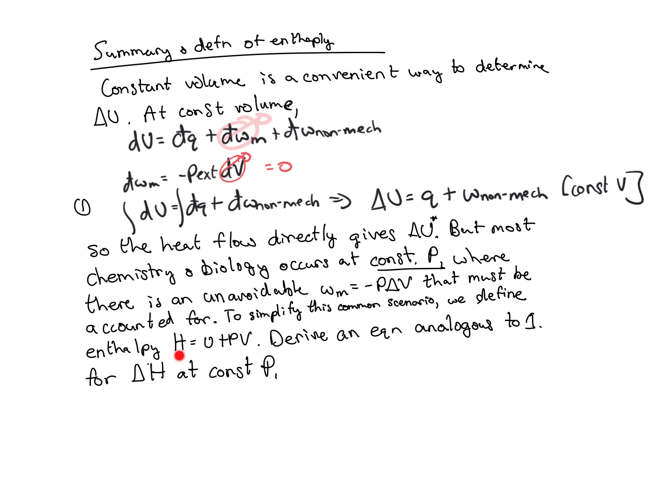So we're going to define a variable enthalpy H, which is U plus pressure times volume. The idea is to use the differential form of the first law to derive an equation analogous to number 1 for delta H at constant pressure.